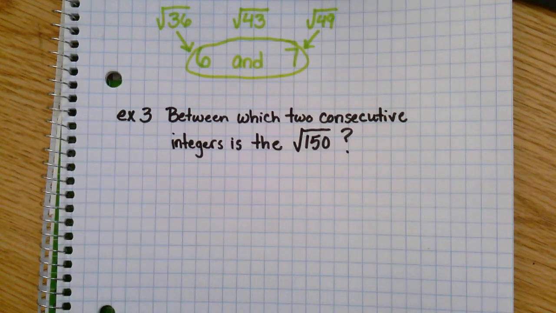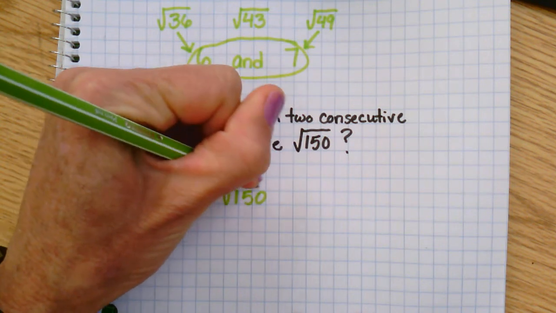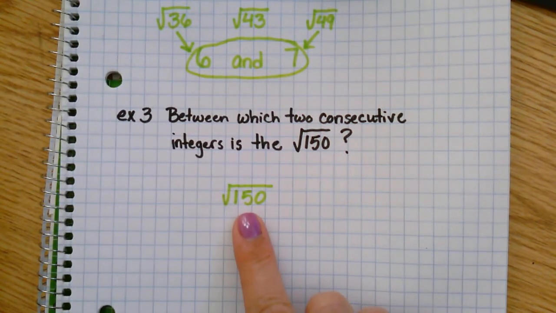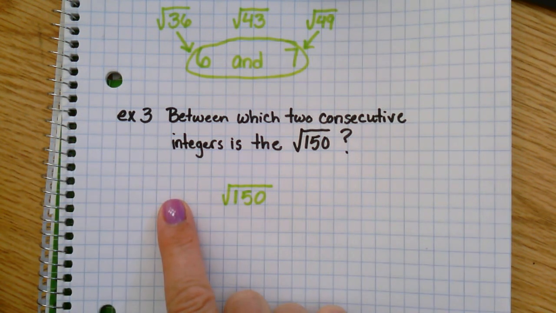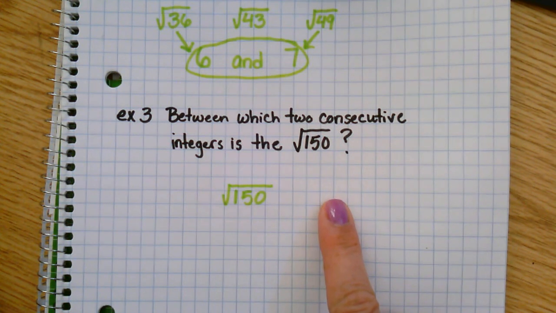Example 3. Between which two consecutive integers is the square root of 150? Okay. We know that it's going to be between two other perfect squares, one perfect square that's going to be smaller than 150, and one perfect square that's going to be larger than 150.